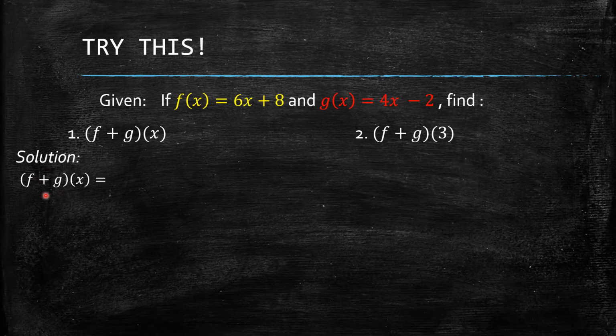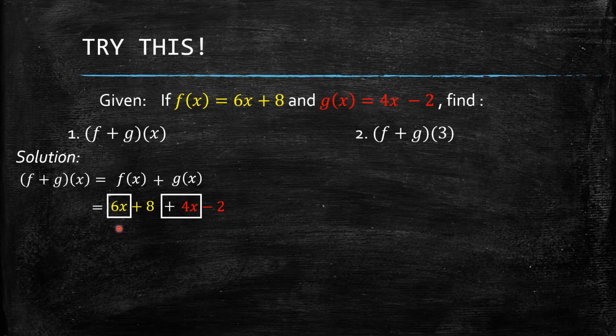To find the sum of the functions, we will just have f of x plus g of x. Next is to substitute the values of f of x and g of x. Our f of x is the yellow one. So we have 6x plus 8 plus g of x, the red one, that's 4x minus 2.